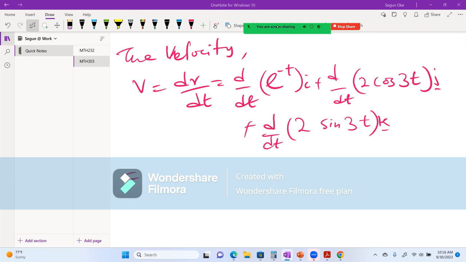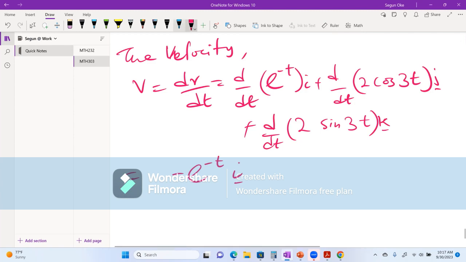Okay, let's move on. When you differentiate e to the minus t, what do you have? You give us minus e to the minus t. Thank you. How do we arrive at that? Let me quickly digress a bit for those wondering how they get it.